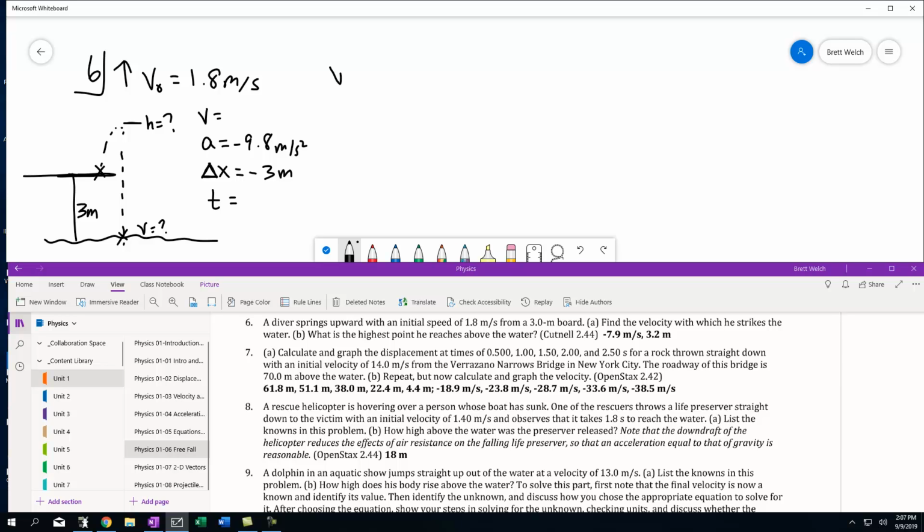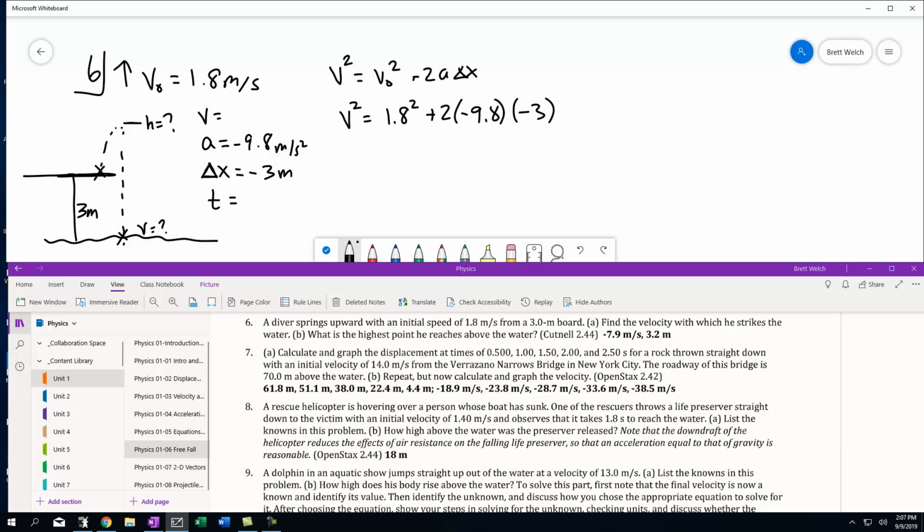Using the third kinematic, V squared equals V naught squared plus 2a delta x. We have V squared equals 1.8 squared plus 2 times negative 9.8 times negative 3.